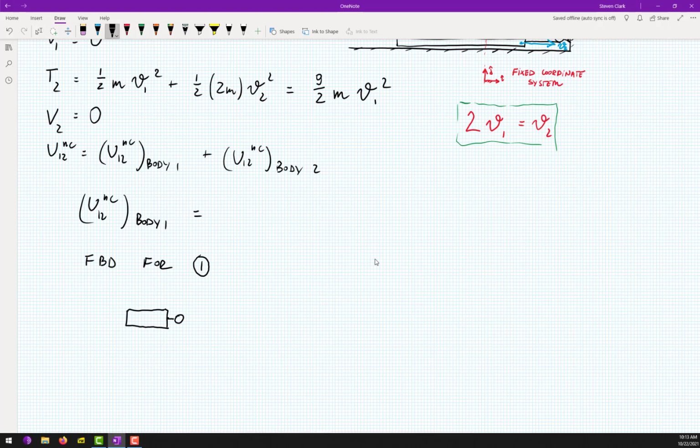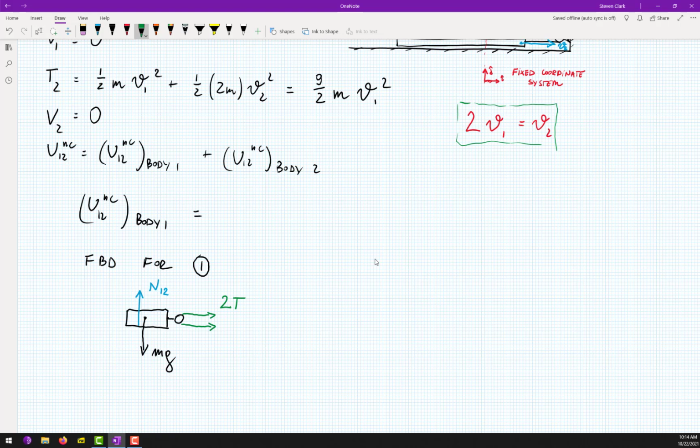Since I like easy questions, I'm going to go for easy forces. There is mg acting on that thing, and we also have some normal force. Let's call it N12, because this is the normal force between body 1 and body 2. There is a tension from that rope and tension from this rope, so it's exactly 2T.